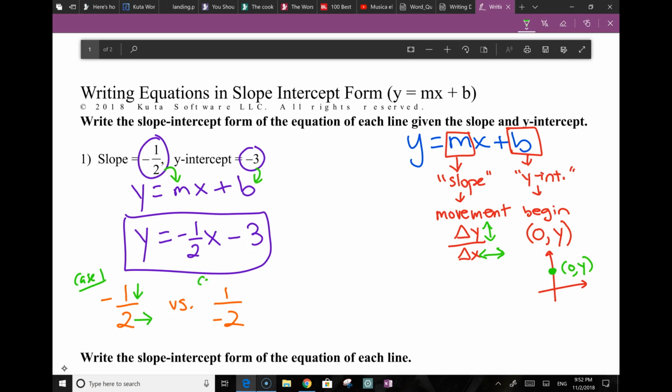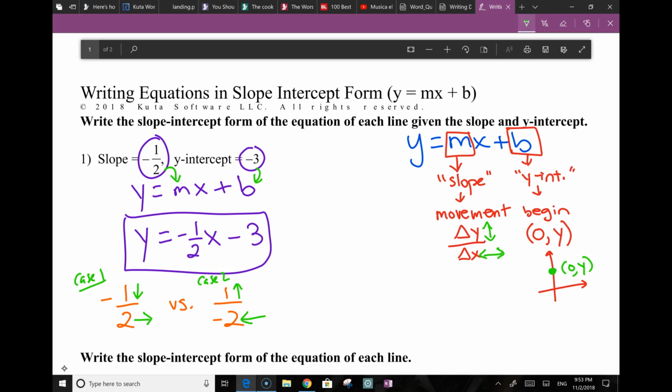But if you go with case number 2, what this means is the 1 being positive means you would go up 1 unit, and the 2 being negative means that you would then go 2 units to the left. Okay? But that's the only difference. It's just the movement, again, which is where the m comes from. But other than that, in terms of comparing the value of negative 1 over 2 with the value of 1 over negative 2, they are completely identical.